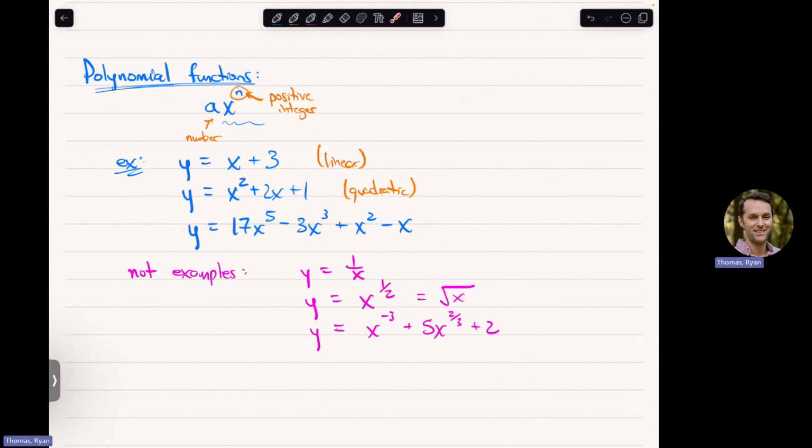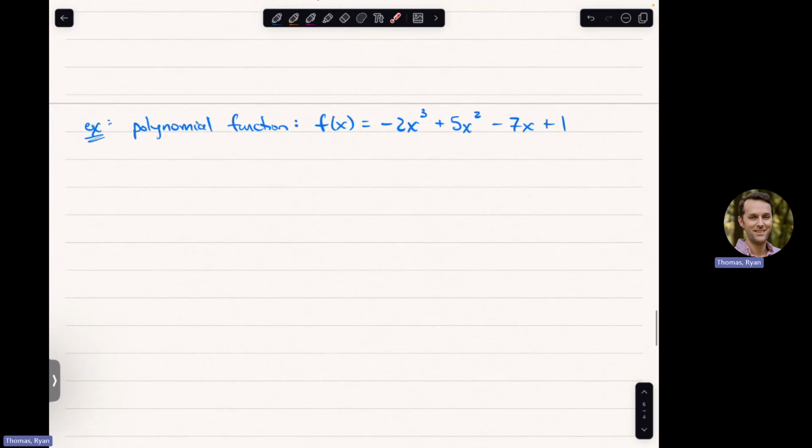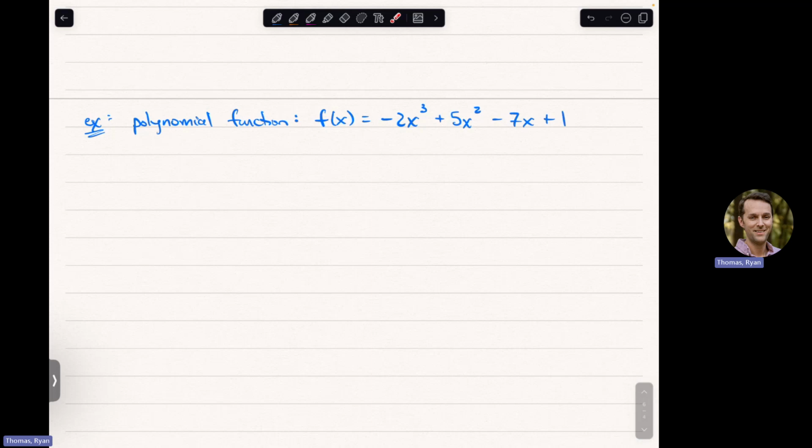Okay, now for a polynomial function, there are some terms that we need to be familiar with. So here's, again, just one more example. And it's going to turn out, and we'll see why in class over the first couple of days of this material, that by looking at this, we learn a lot of things.